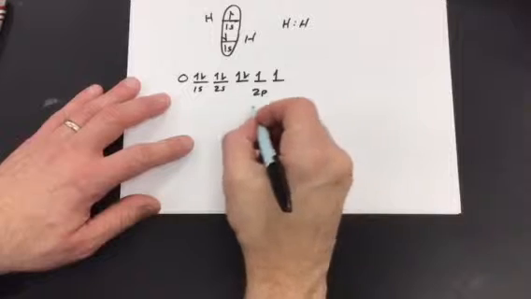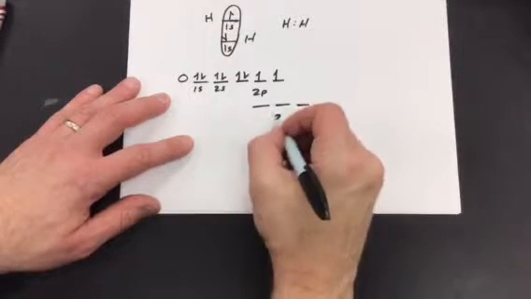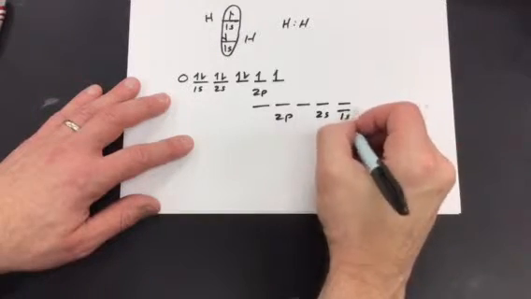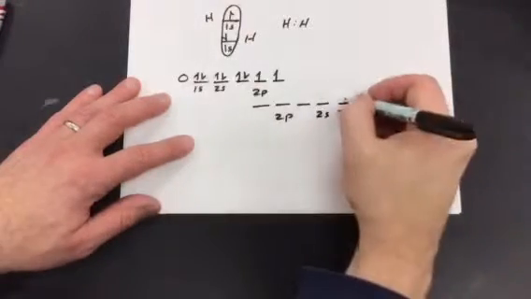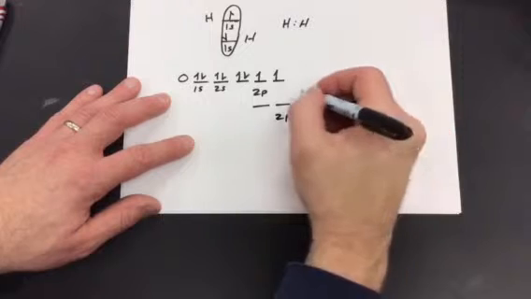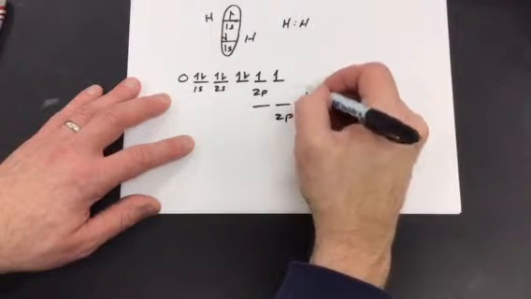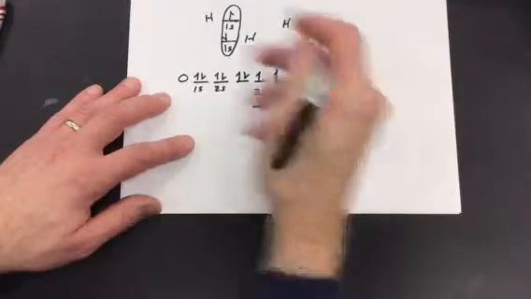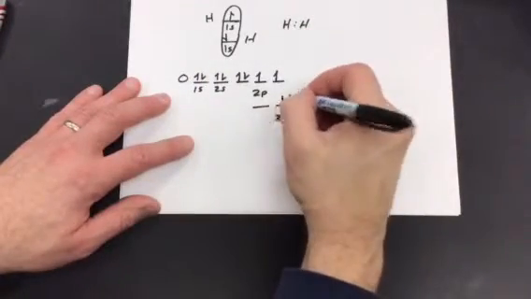In the covalent model, we'll see this a little differently. The 2p from the second oxygen atom, 1s2, 2s2, 2p. Let's see now, we'll draw it like this.